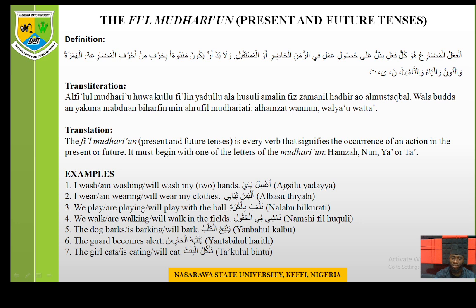A represents what? Me, I. Ajlisu, akra'u, aftahu, agsilu, which is I am doing that thing in the present. And then na refers to nahnu, which is we. Naqra'u, najlisu, naftahu. Na is in the plural of the first person.